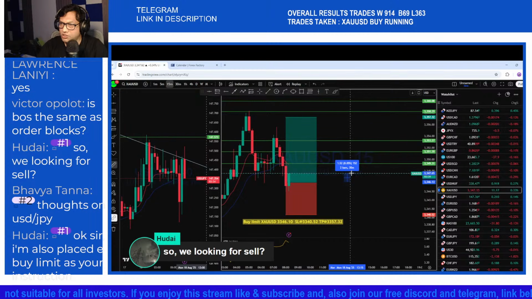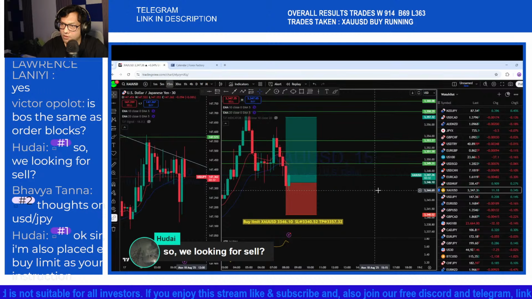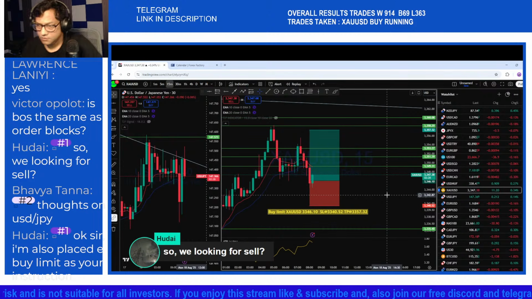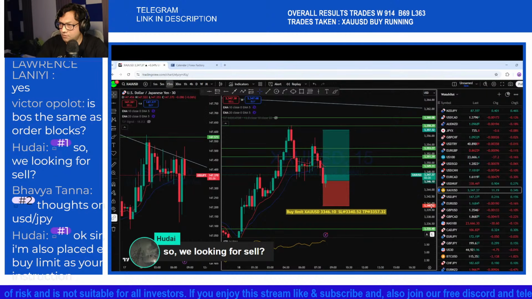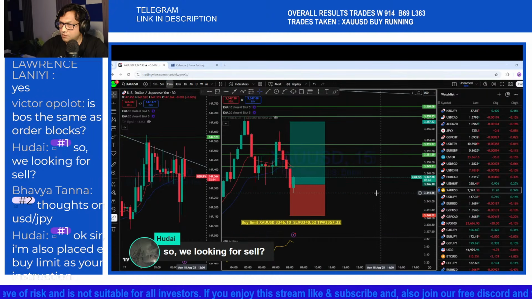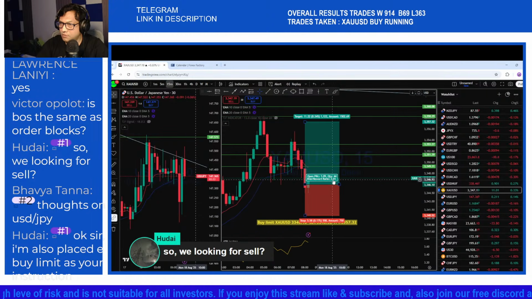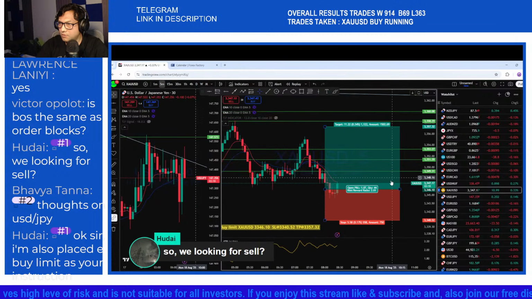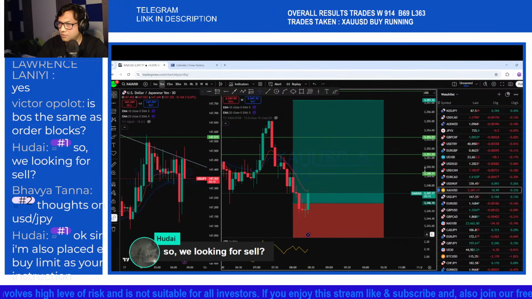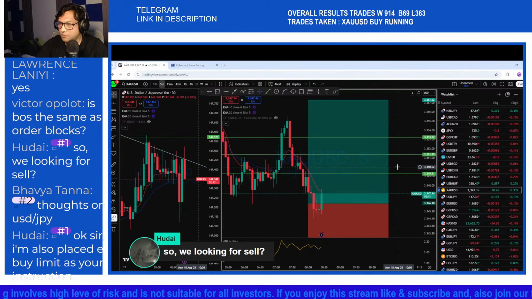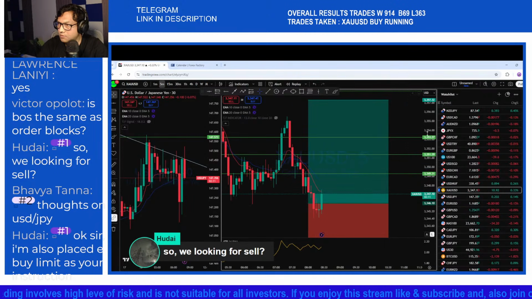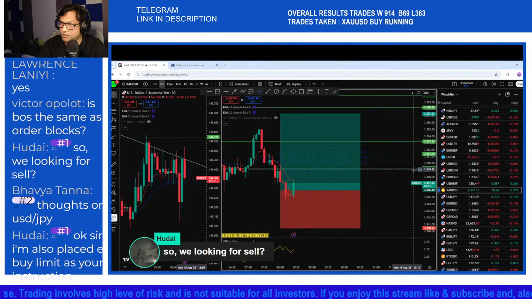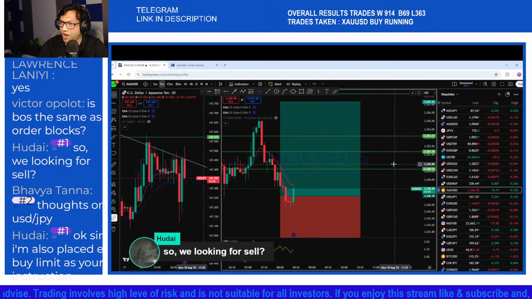So we are up on this 16 pips. Expecting to move back again to that resistance line, 3352 level.